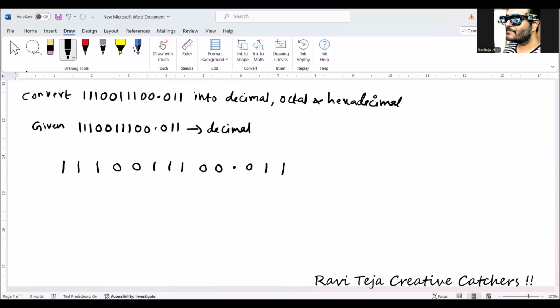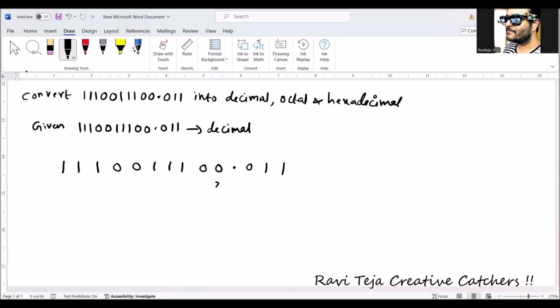Whatever the numbers are before the decimal point, consider those with respect to the powers of 2. And whatever the numbers are after the decimal point, consider them also with respect to powers of 2, but in negative terms. I will show you how.